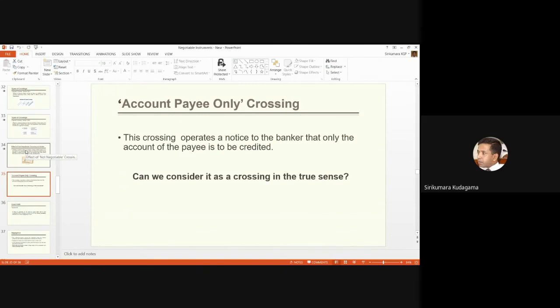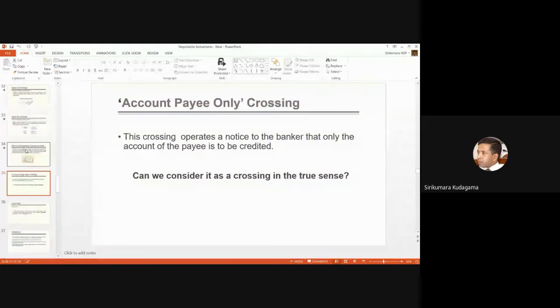Then we will go into the next part, that is account payee only crossing. Now, you know what a check is?